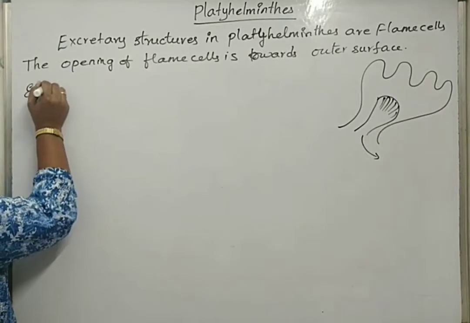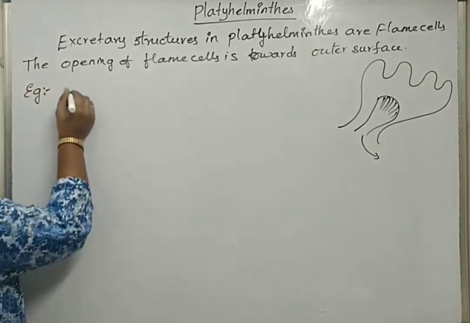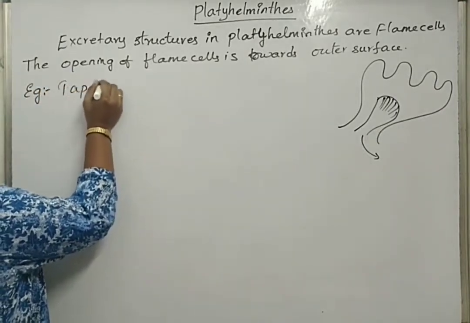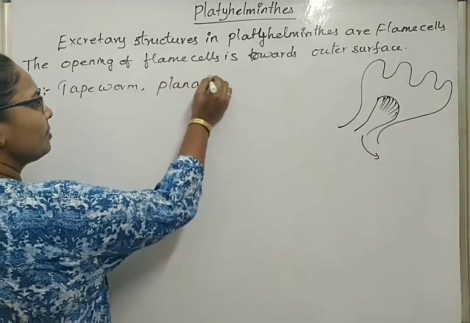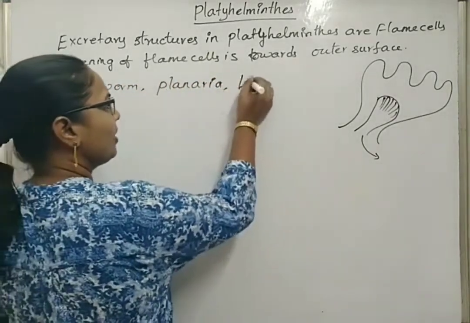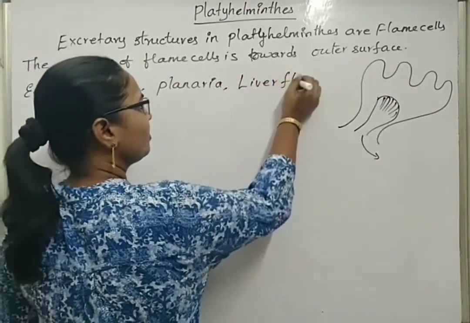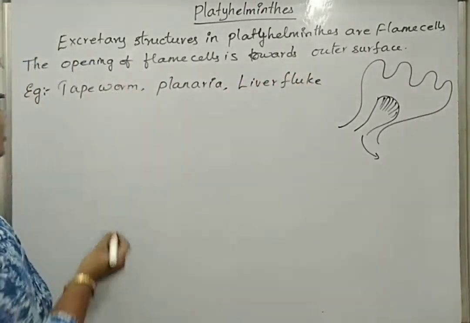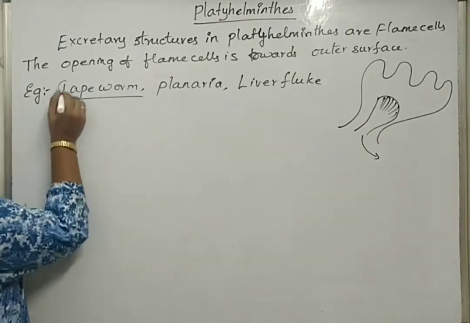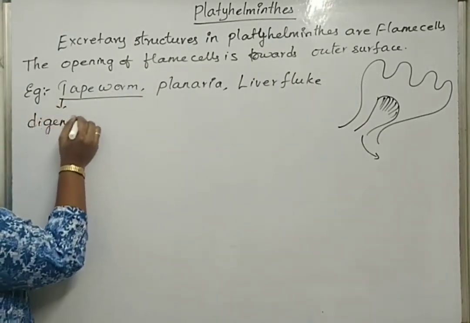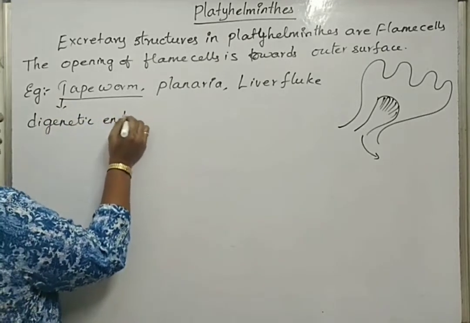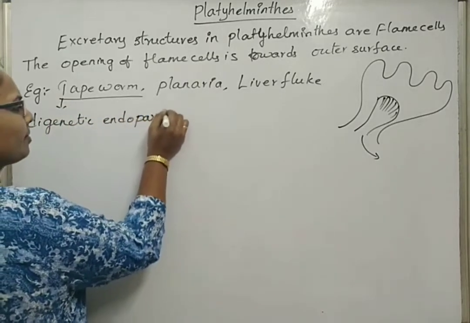Coming to examples under platyhelminthes: tapeworm, planaria, and liver fluke. Tapeworm is a digenetic endoparasite.